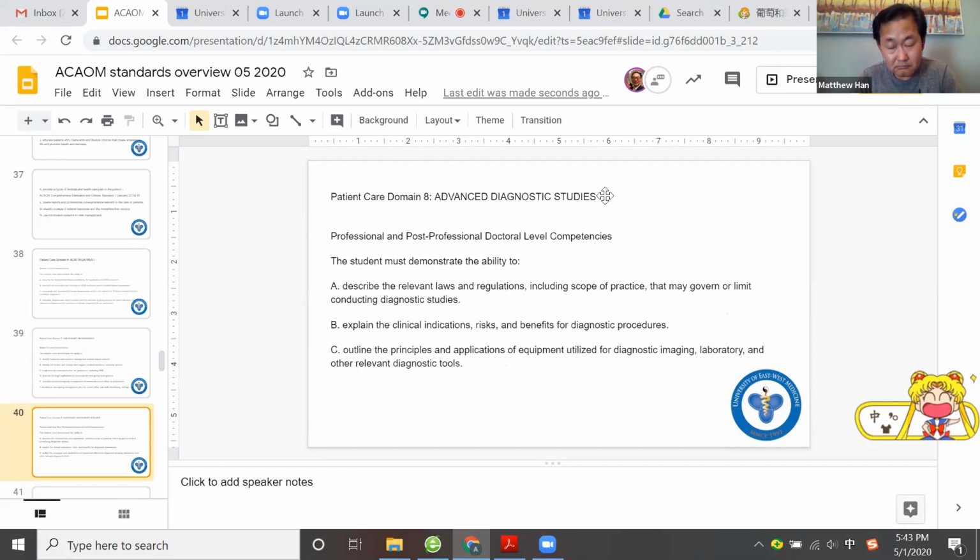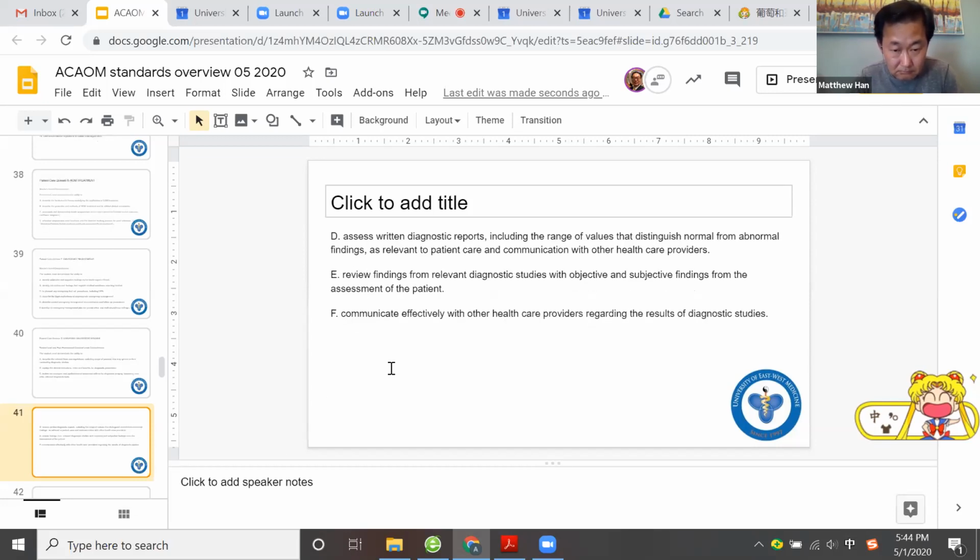And advanced diagnostic studies is like you need to explain the clinical indications, risks, and benefits. All these things are very detailed. Yeah.